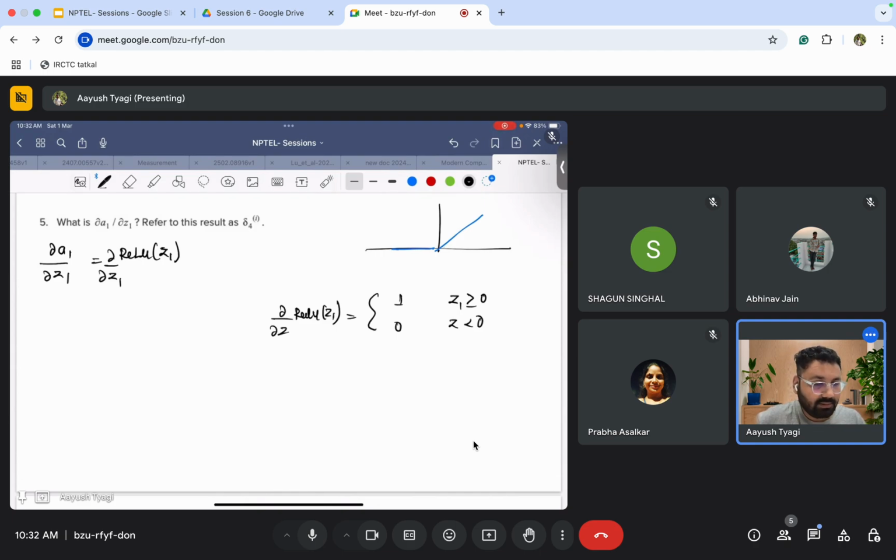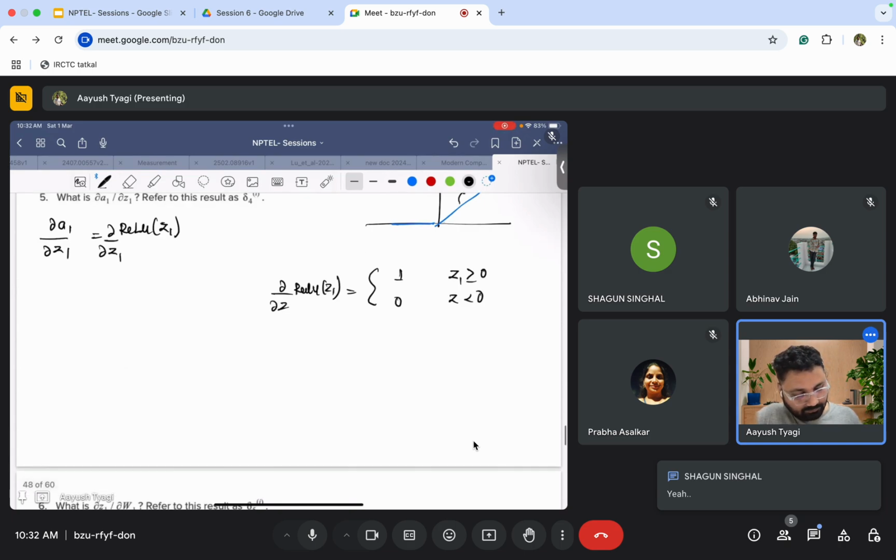Makes sense, right? So this we call delta 4i.